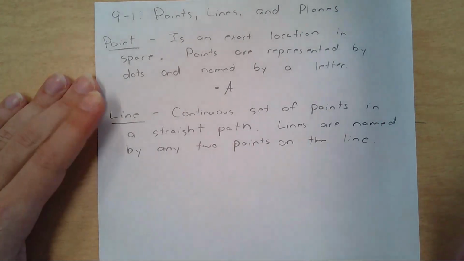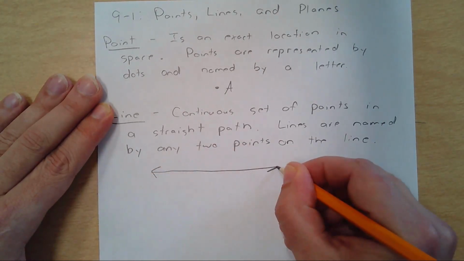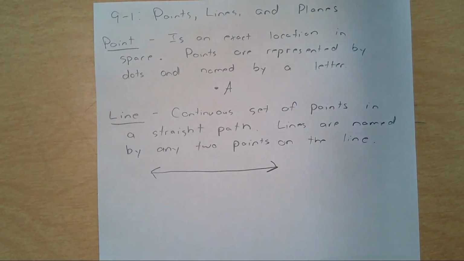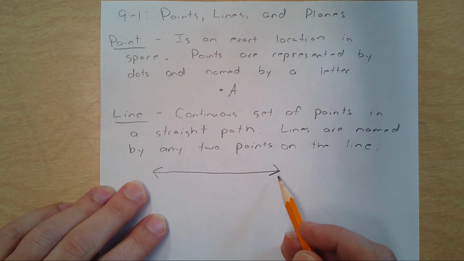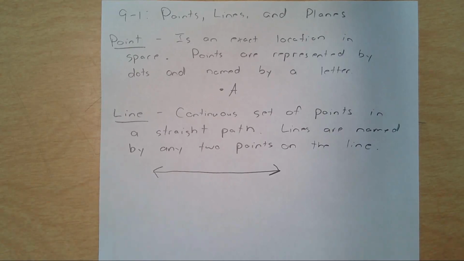So I'm going to draw out what would be a line here, and there's a couple things we need to represent here. Okay. So this is a line. Now, geometrically, a line is defined as never ending in both directions. That's what these arrows mean, that in fact the line keeps on going and going and going here. There is no end to this line here.